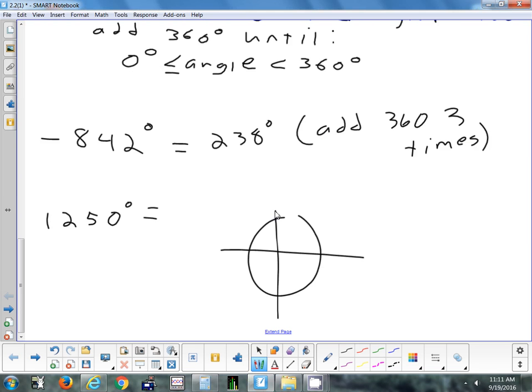I know if I'm looking at the circle, 170 is about right there. Just a little bit shy of 180. 180 is halfway. 170, a little bit before it. But I didn't know that looking at 1250. It was too big for me to kind of think of in my head. Okay, so any questions on doing what I just did right there?